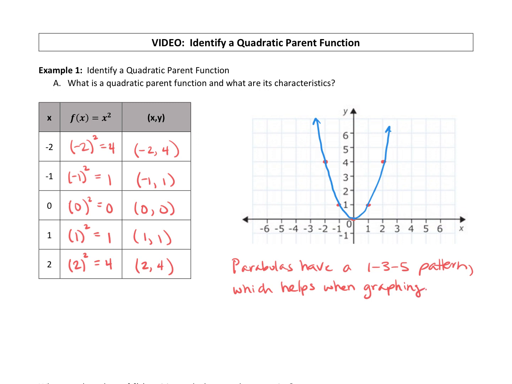All right, so here's how you would graph something with a 1-3-5 pattern. So from the vertex, follow this rise over run pattern.